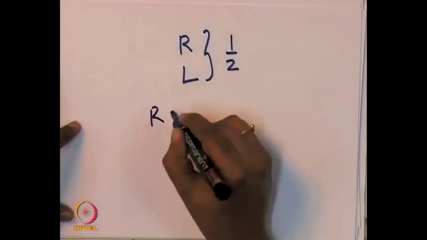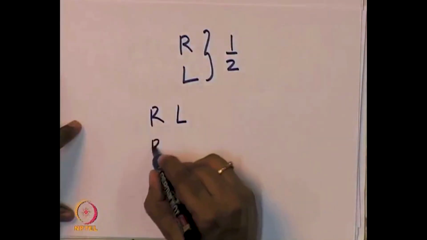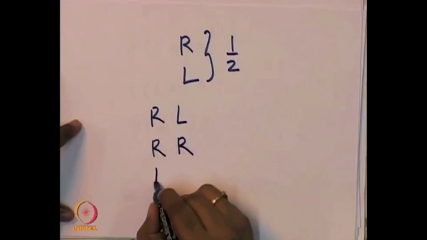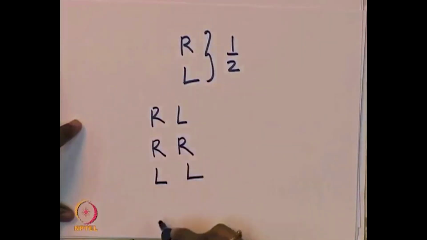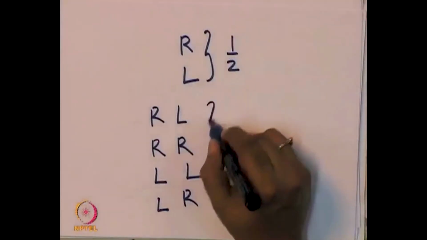Both on the right, one on the right and one on the left, one on the left and one on the right, or both on the left. So, there are four possibilities.